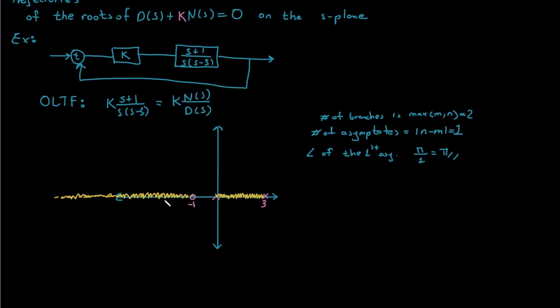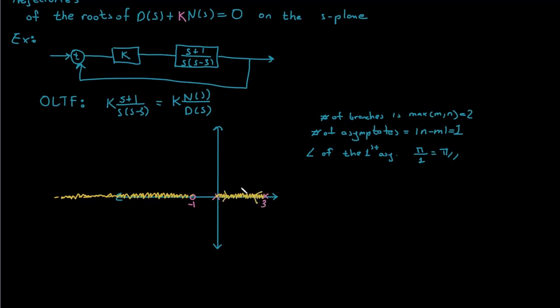But at a certain stage, one of them should go to the 0, the other one should follow the asymptote which goes to infinity. So for that to happen, what are the scenarios? One scenario, which is actually the only scenario, is that these two move towards each other as I'm increasing k.